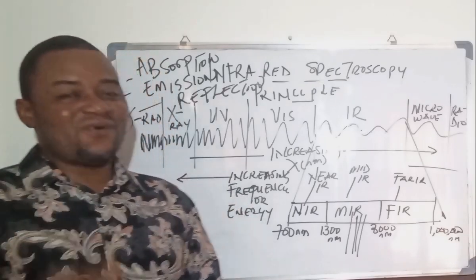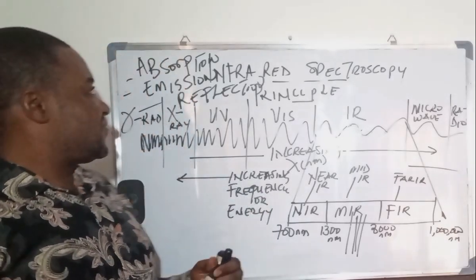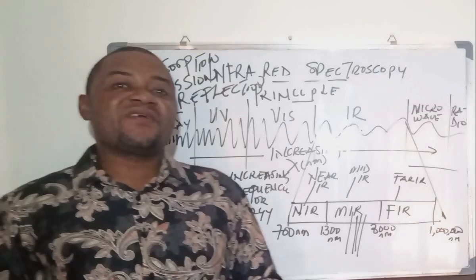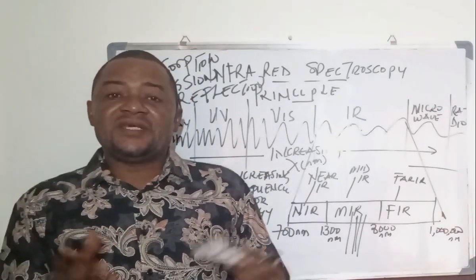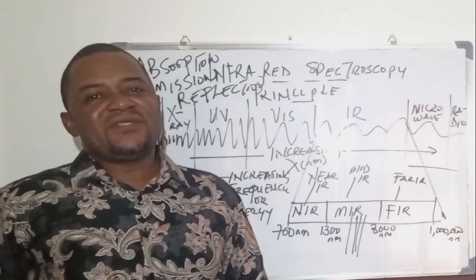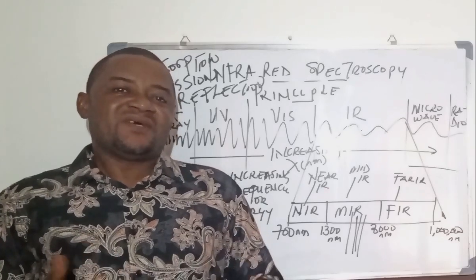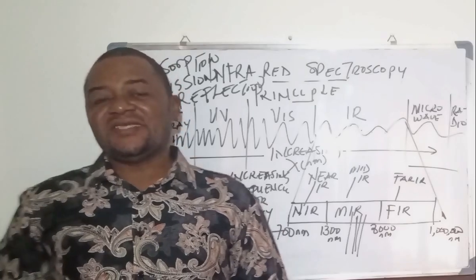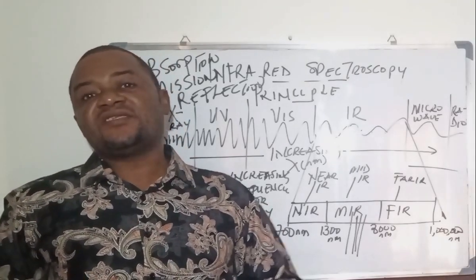So it's important for you to also know that the consequence of the absorption of infrared radiation is the effect on the vibrational or the rotational energies of the molecule. Once the vibrational energy is affected, that is the end. It means that there must be a change in the structure of the molecule.